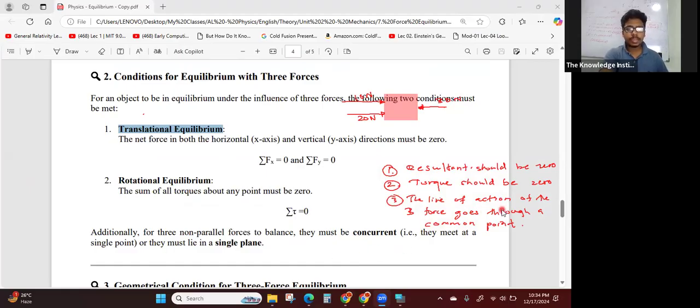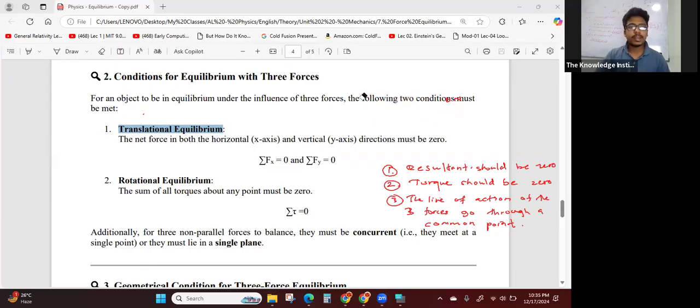So the lines of action of the three forces go through a common point. Sorry for my grammar here: three forces is plural, so it has to be 'go'. The lines of action of the three forces go through a common point. So that means, let's say an object is in equilibrium under three forces.